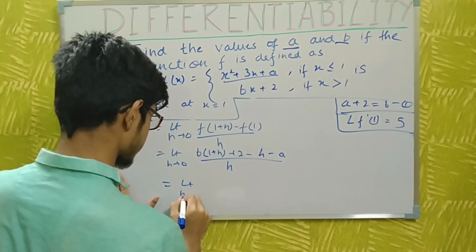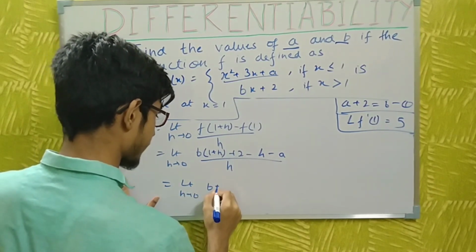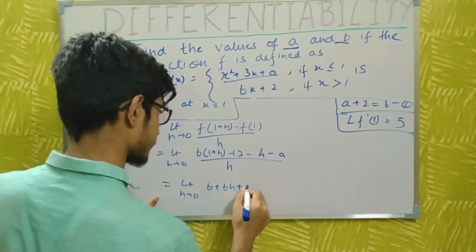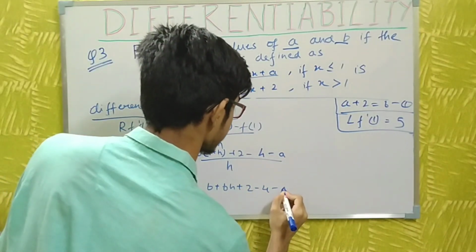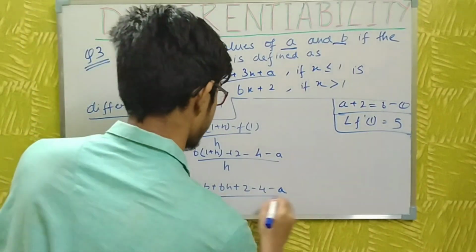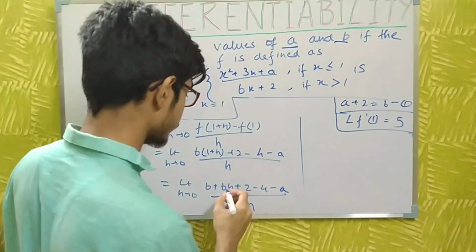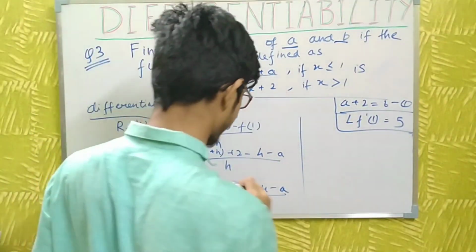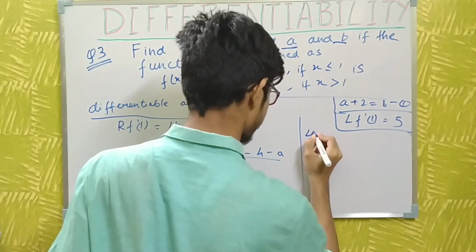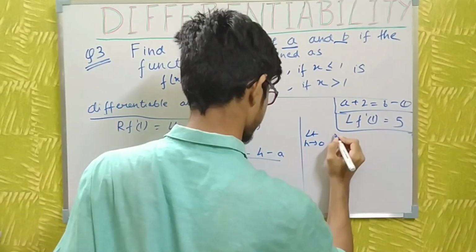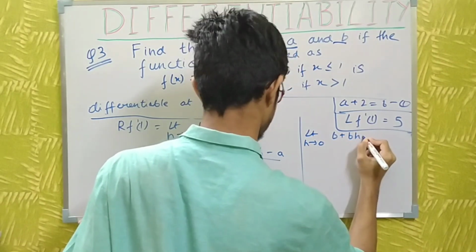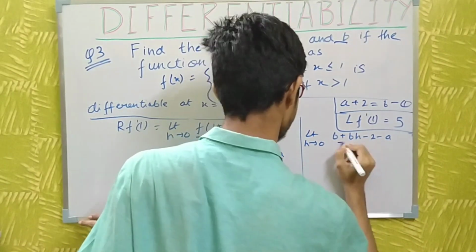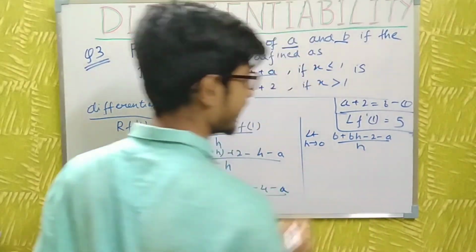Which is equal to the limit h tends to 0 of b plus bh plus 2 minus 4 minus a, by h. So from here I can see 2 minus 4 is minus 2. So I am going to write it in simplified form, that is b plus bh minus 2 minus a, by h.